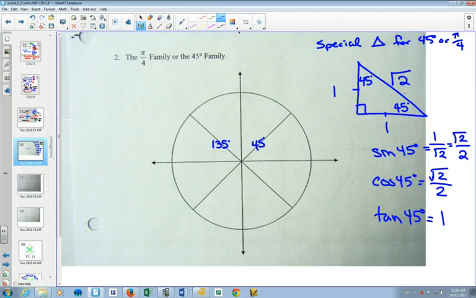Same reference angle in quadrant 3 would be 180 plus 45, 225 degrees. Same reference angle in quadrant 4, 360 minus 45, 315 degrees.